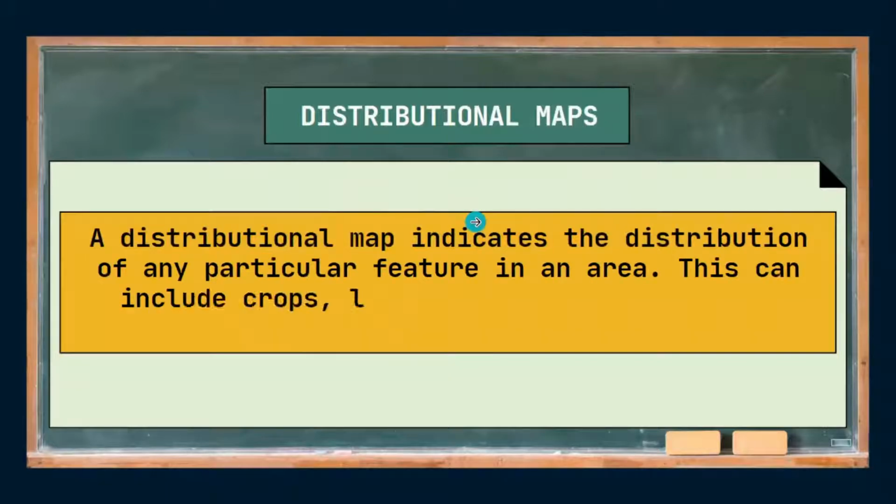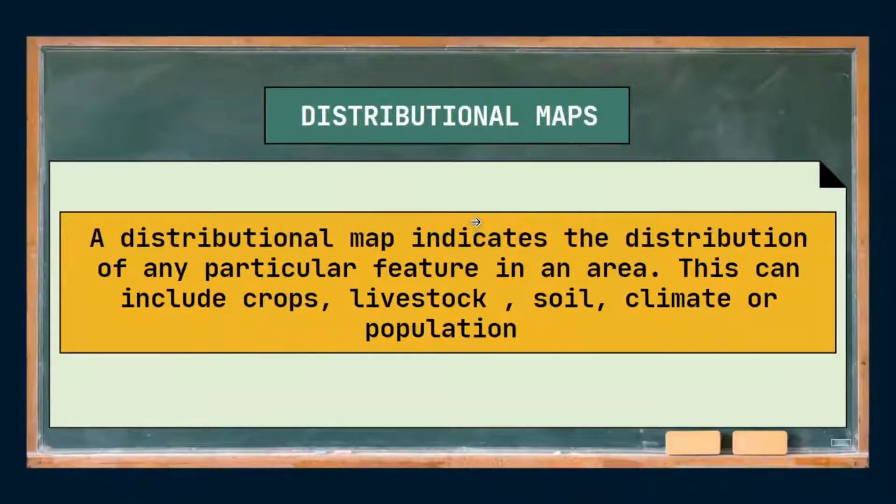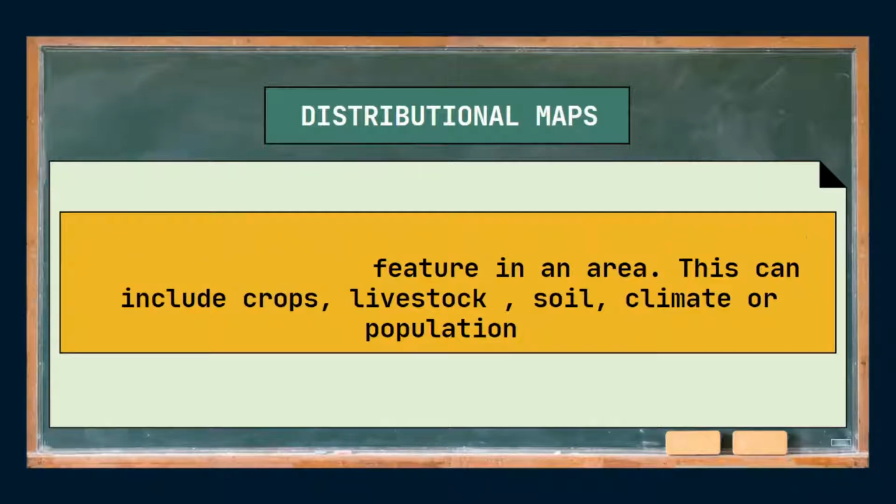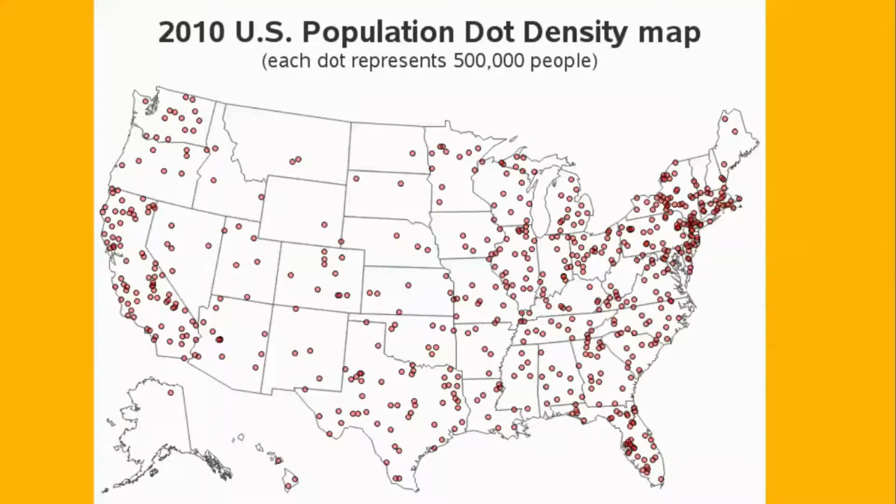A distributional map now. A distributional map indicates the distribution of any particular feature in an area. This can include crops, livestock, soil, climate, or population. As the definition says, it shows how something is distributed throughout an area or country. An example of a distributional map using population is in this image here.